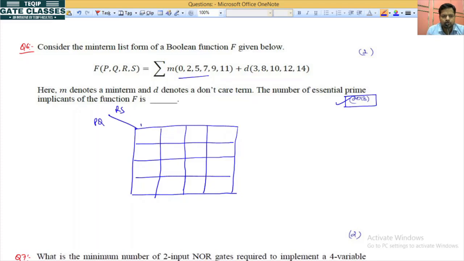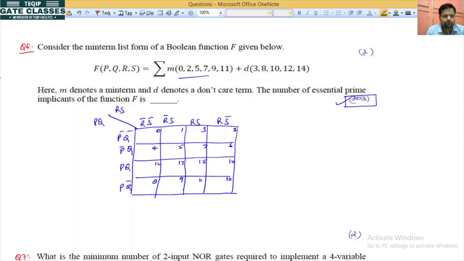PQRS: it will be R bar S bar, R bar S, R S, R S bar. And P bar Q bar, P bar Q, P Q, P Q bar. So this one is 0, 1, 2, 3, 4, 5, 6, 7, 8, 9, 10, 11, 12, 13, 14, 15.